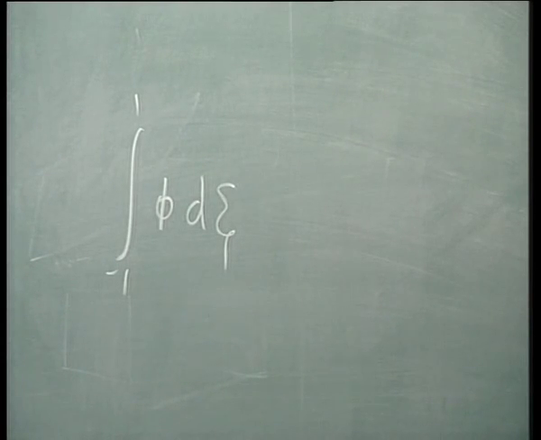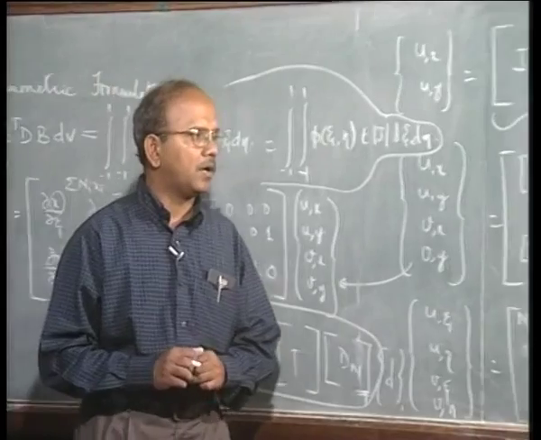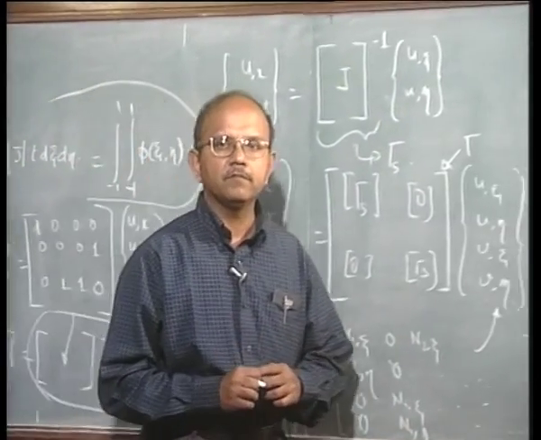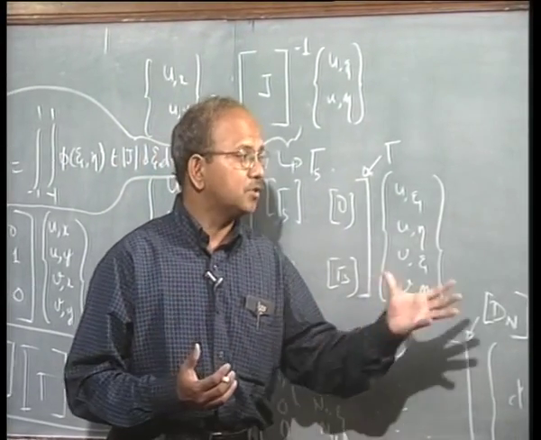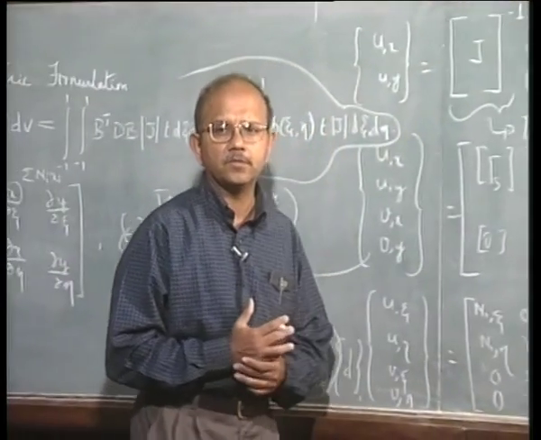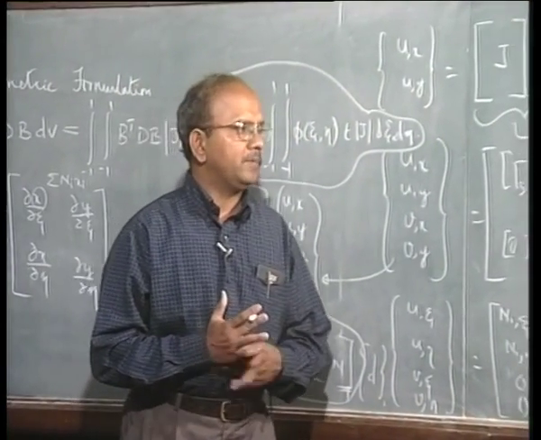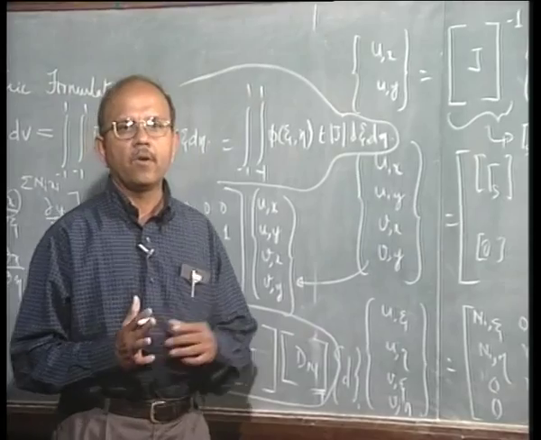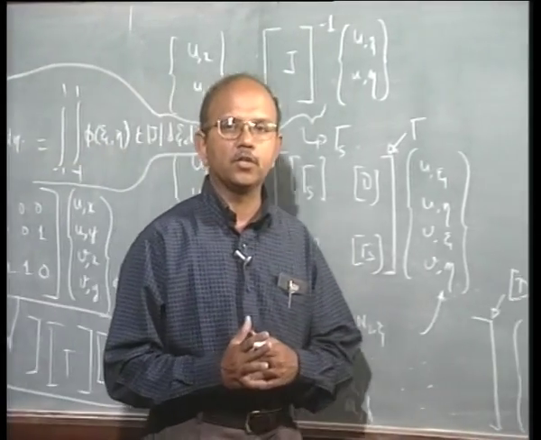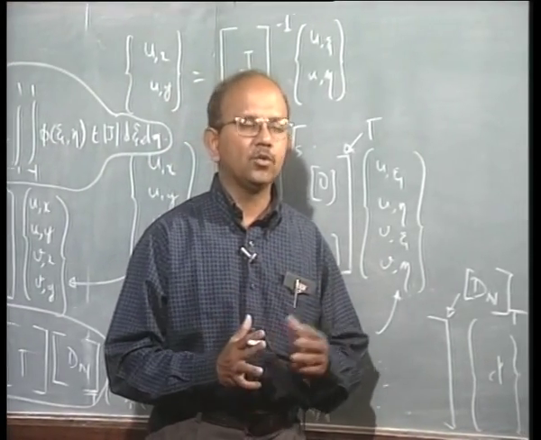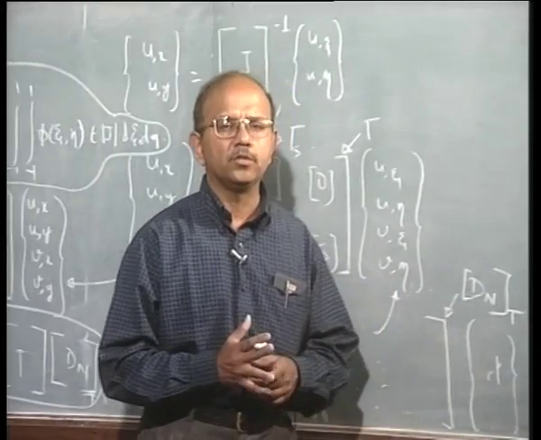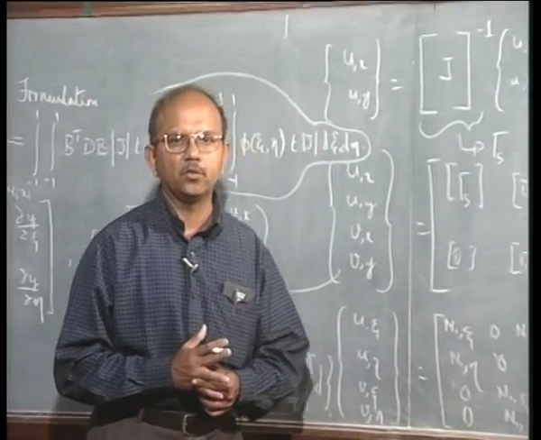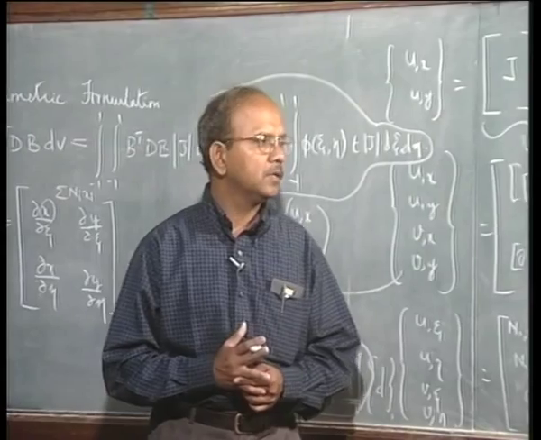Now, what are these schemes? These schemes are called as Gauss quadrature scheme, and then Simpson's rule, for example, is one of the numerical integration schemes, and so on. Usually in finite element analysis, it is the Gauss quadrature rule that is extensively followed, though there are other rules like Newton Cotes and so on. Gauss quadrature rule is what is usually followed.